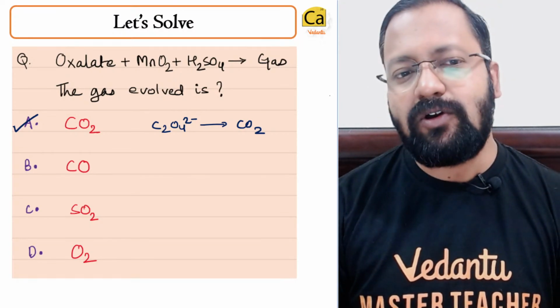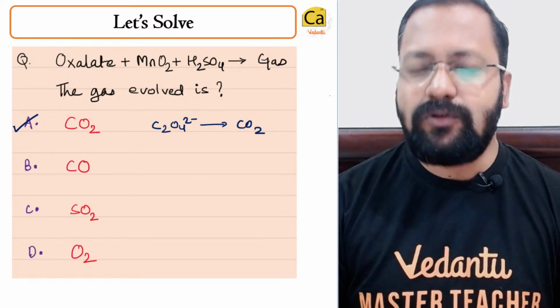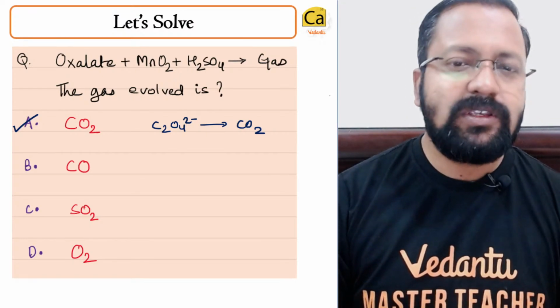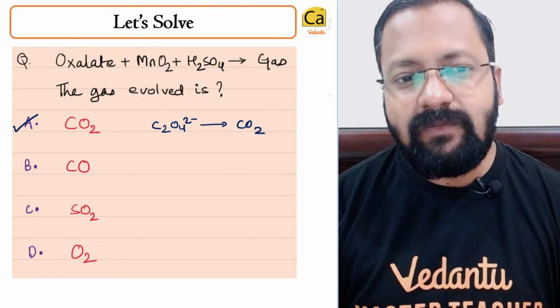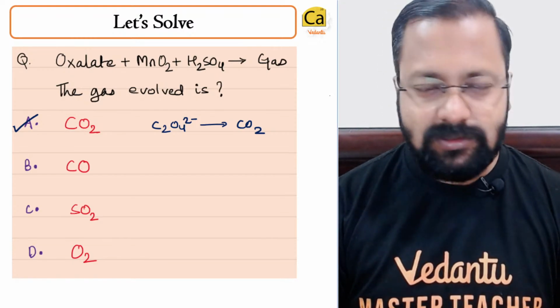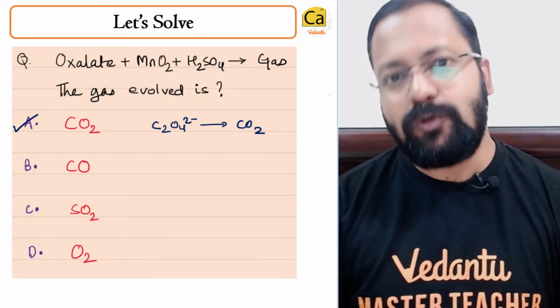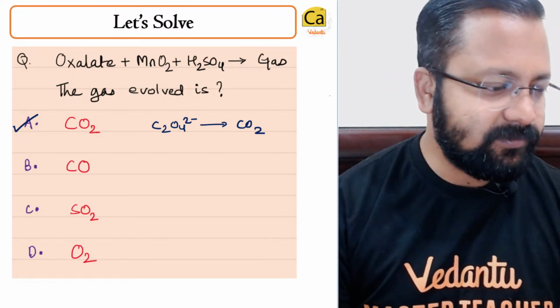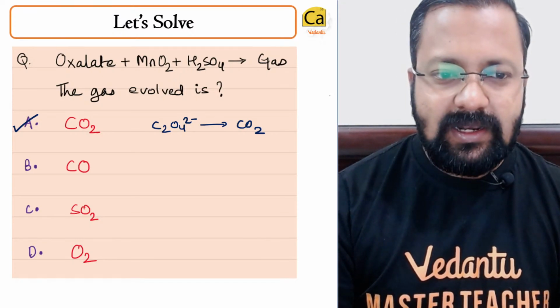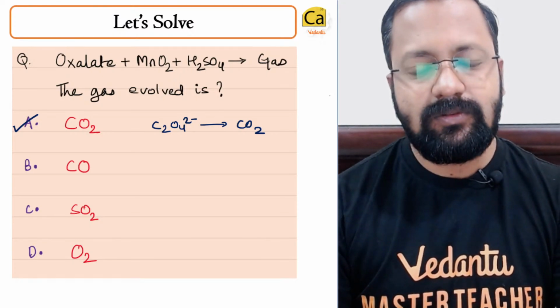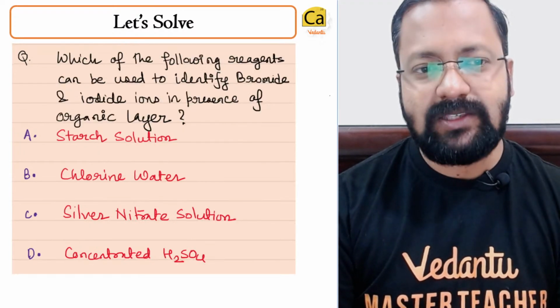With manganese salts, oxalate undergoes oxidation and gives CO2. A similar test is done with permanganate. If you treat it with permanganate MnO4 minus, you will get CO2. Is that clear? Let's move ahead to the next question.